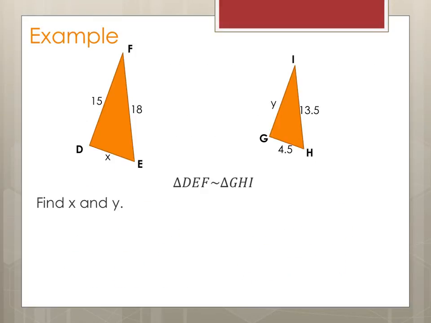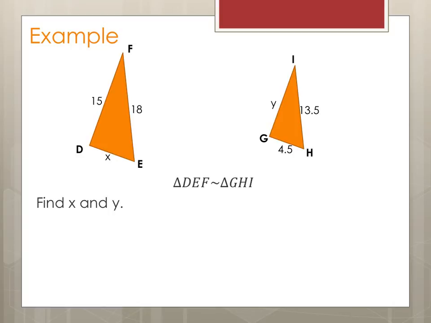Now let's look at an example. Here triangle DEF is similar to GHI, and we need to find the side lengths for X and Y. And since we know that corresponding sides are proportional, we can solve these with proportions.